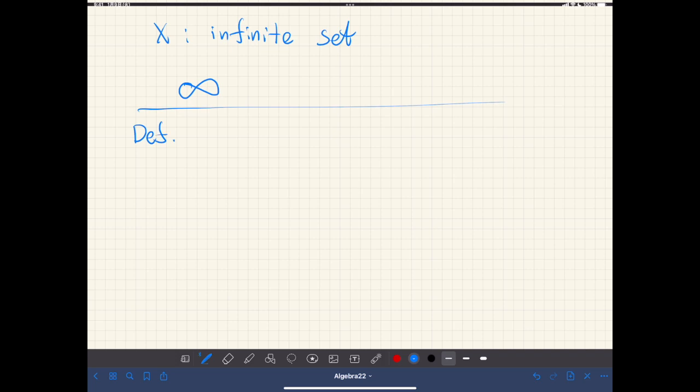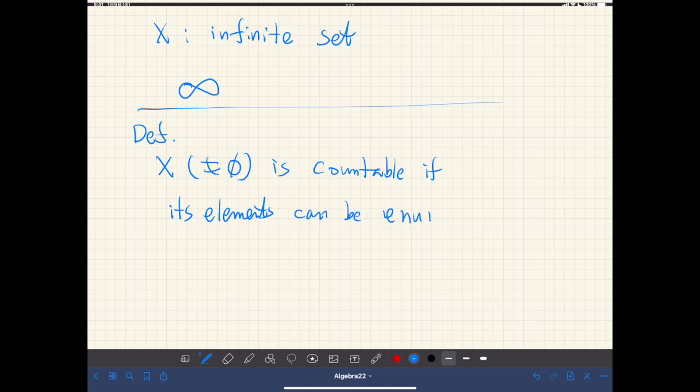Here's the definition. We say a set X which is not empty is countable if its elements can be enumerated, like x1, x2, x3, and so on.